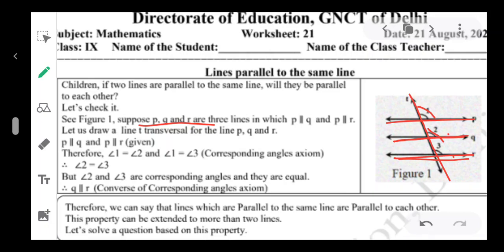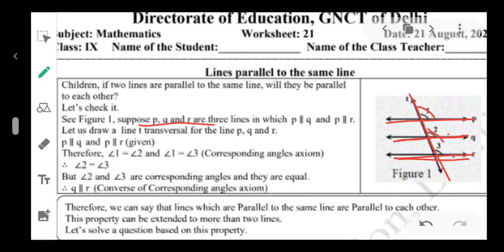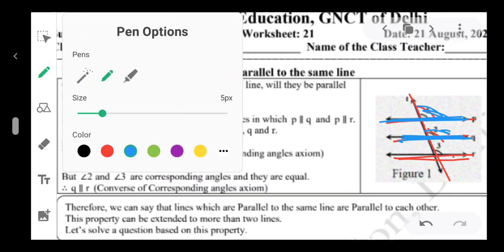एक बार फिर से देख लीजिए, P and Q, this and this line is parallel. It means this angle and this angle must be equal. Therefore 1 is equal to 2. And this line दूसरे कलर से दिखाते हैं.